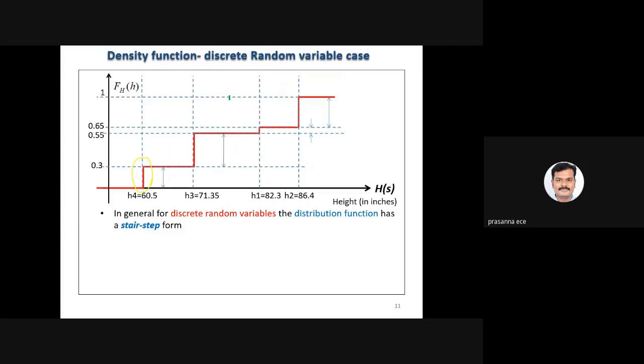When we are dealing with discrete random variables, we face difficulties at these points, right? Because the slope is infinity, and we don't have any method to represent infinity in a graph. So far, whatever we have learned in mathematics, we don't have any method to represent infinity along the y-axis.